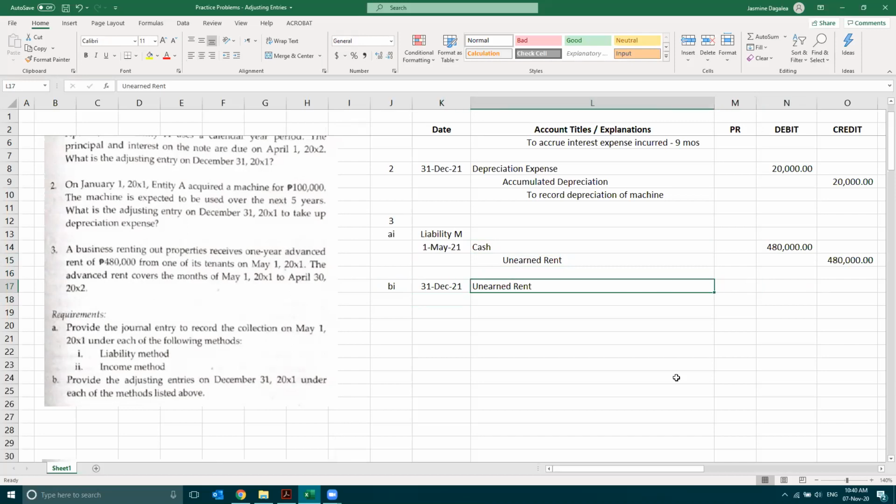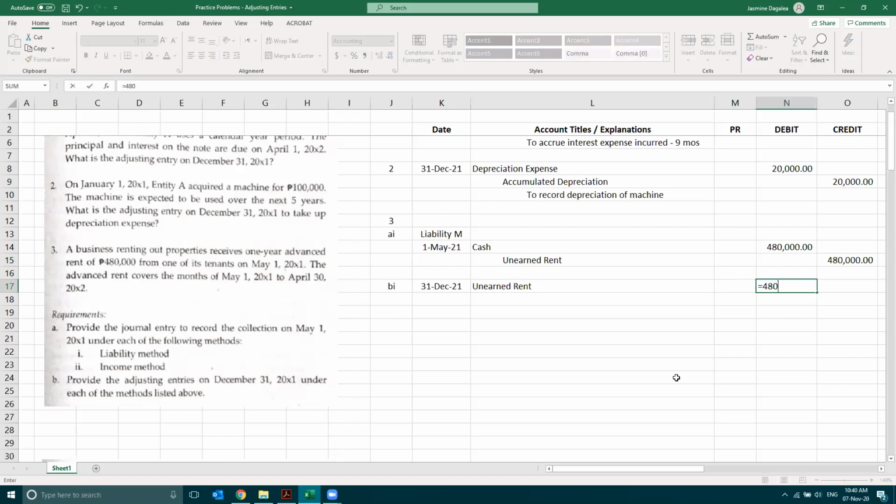Count from May 1 when you received it: May, June, July, August, September, October, November, December. That is 8 months. So, 480,000 divided by 12 times 8 months is 320,000, the earned portion.